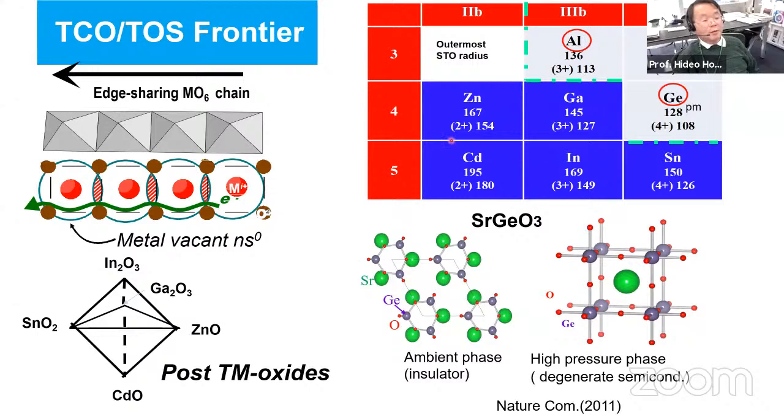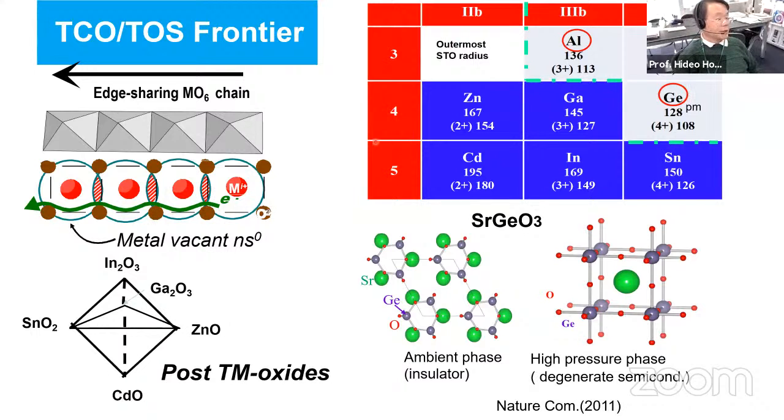The problem is how to go beyond this territory. Aluminum oxide is of course an insulator, and germanium oxide is an insulator, but we would like to convert aluminum oxide-based material into a semiconductor, or germanium-based oxide into a semiconductor.